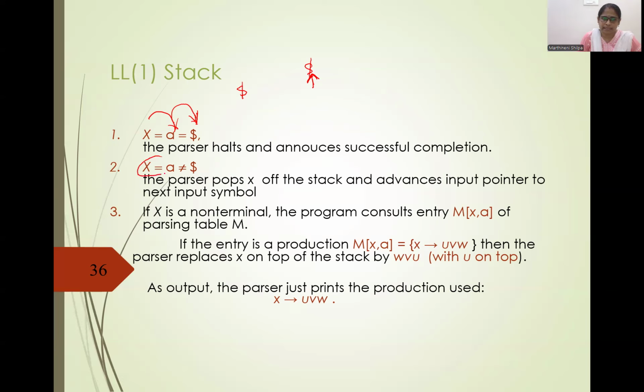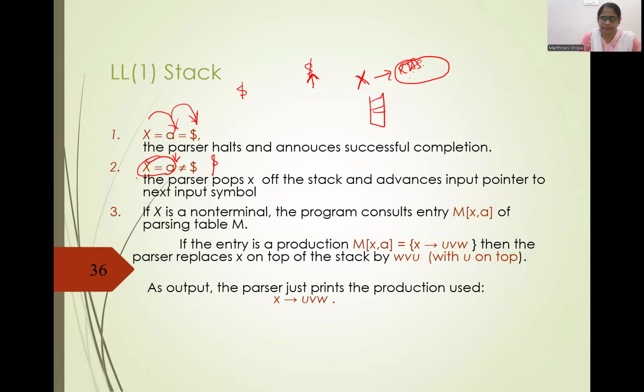If the top of stack element is X and the current input symbol is a, which is not equal to dollar, then X is popped, and whatever terminals or non-terminals are on the right-hand side of the production will be stored in the stack in reverse order.